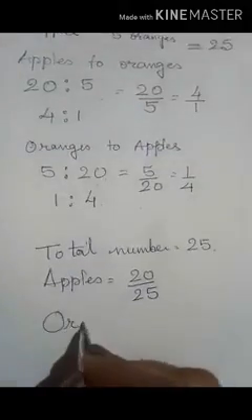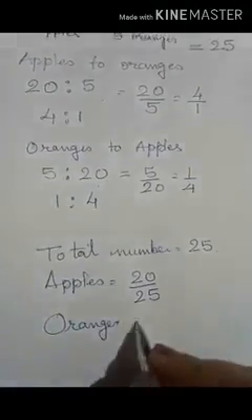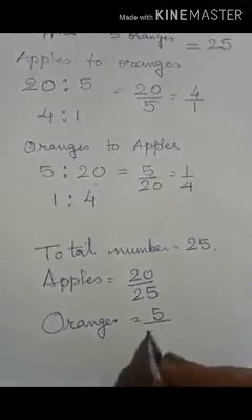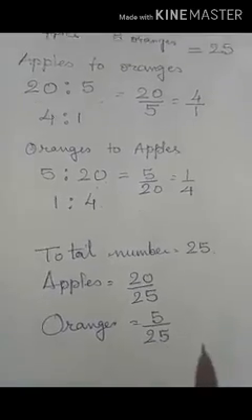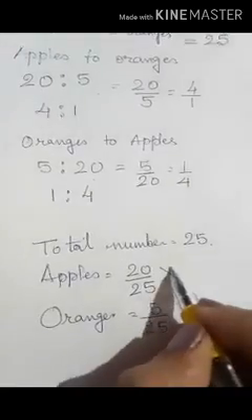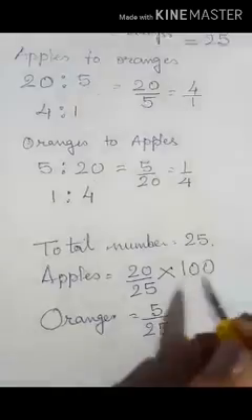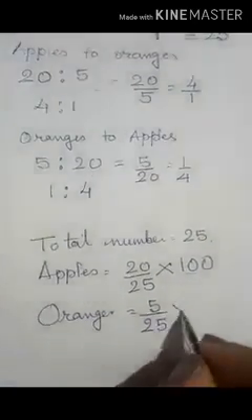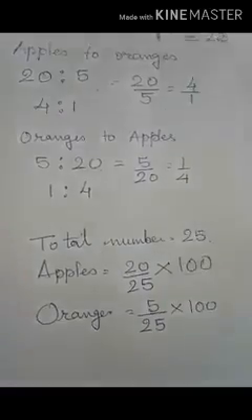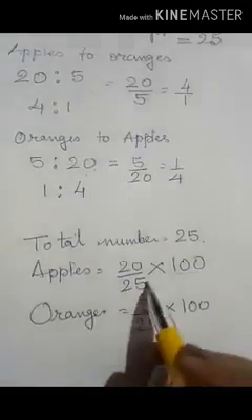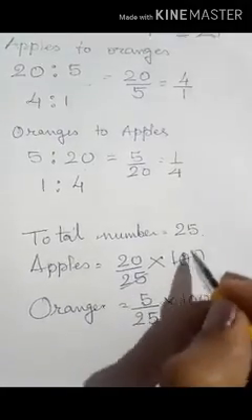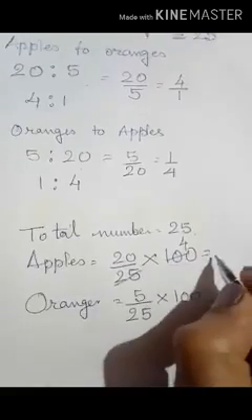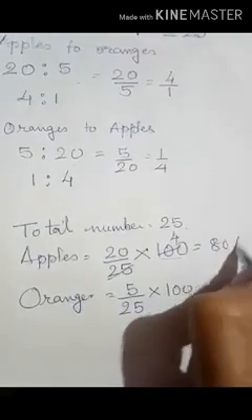And how many oranges are there? There are 5 oranges out of 25. Now to find the percentage, just multiply by 100. When you are finding percentage, you multiply both quantities by 100. You know, 25 4s are 100, and 20 4s are 80.